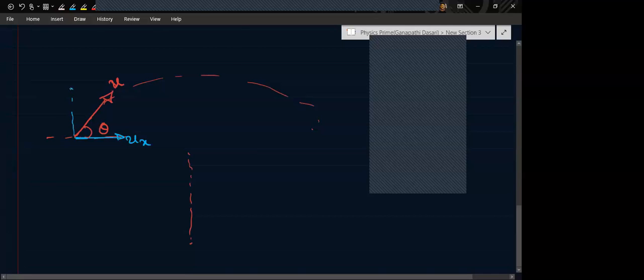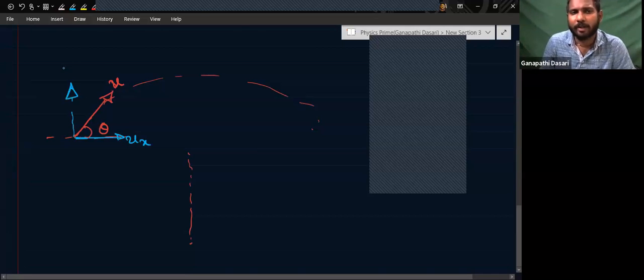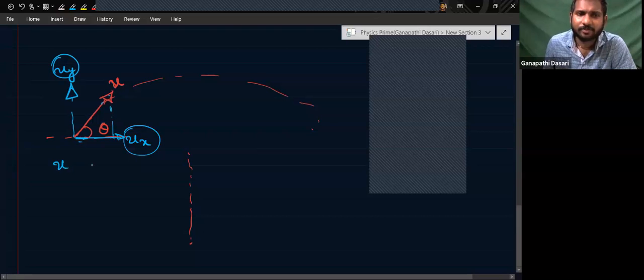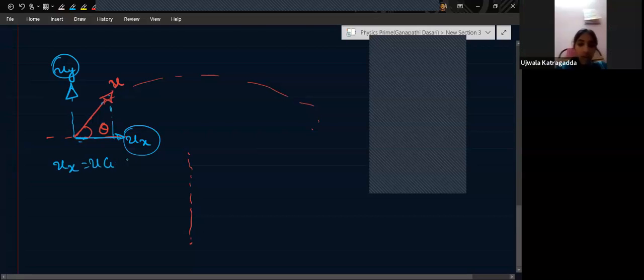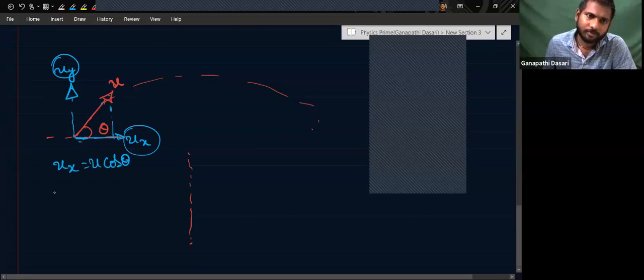There is a vertical component uy. This ux is what? If you take a triangle, what is this x component? u cos theta, isn't it?